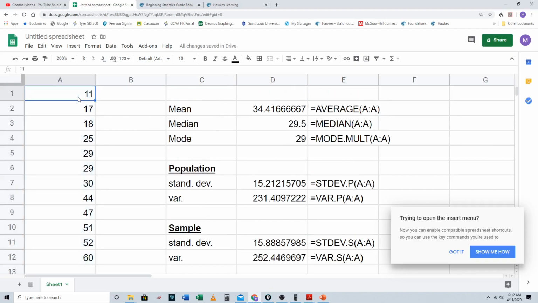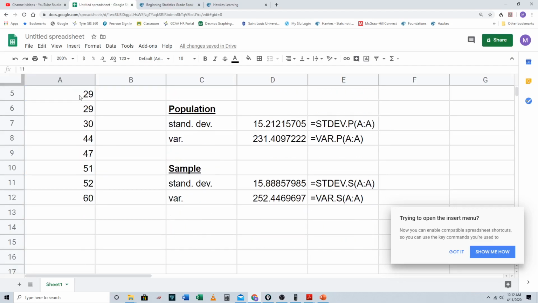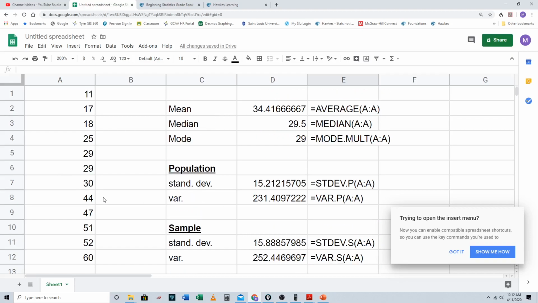My range would be 60 minus 11, that would be 49. There's no formula for it because it's just your biggest minus your smallest, so you just want to sort your data for that.